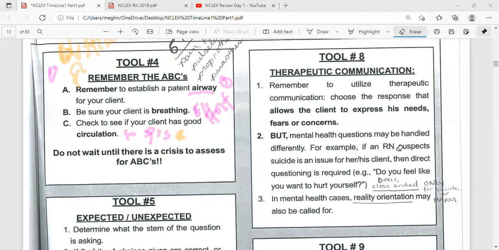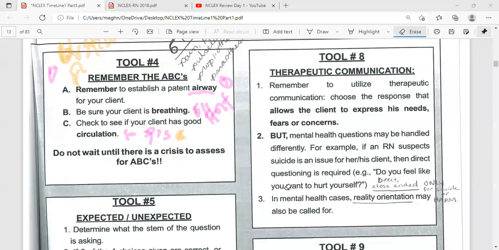For example, if the RN suspects suicide is an issue for his or her client, then direct questions are required. If the patient has a history of suicide attempts, they may again take steps for suicide. As an RN, we always make sure someone is always with the patient. One-to-one observation is important. Safety is the first priority.